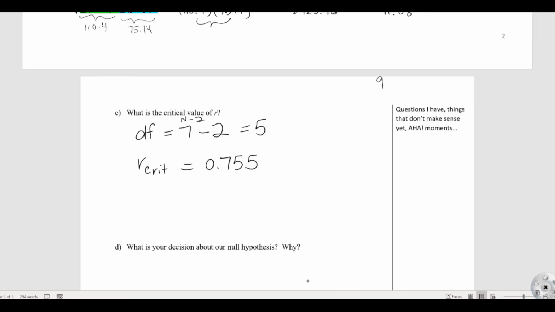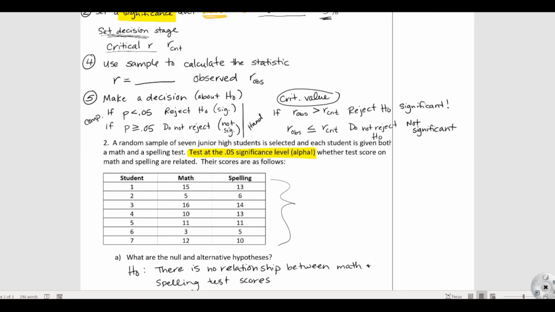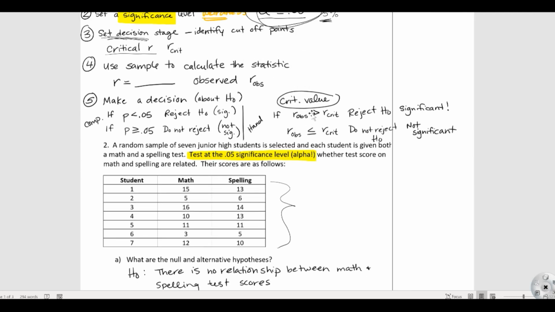So remember from way up here, step 5, if our observed R, our calculated R, the one we did by hand that I messed up, that is actually 0.91, if that is higher than the critical value from the table, then we're going to reject the null hypothesis, because that means that our R value is so big that it's really unlikely to have occurred if the null hypothesis is really true. If it's not bigger than our critical value from the table, then we're not going to reject.